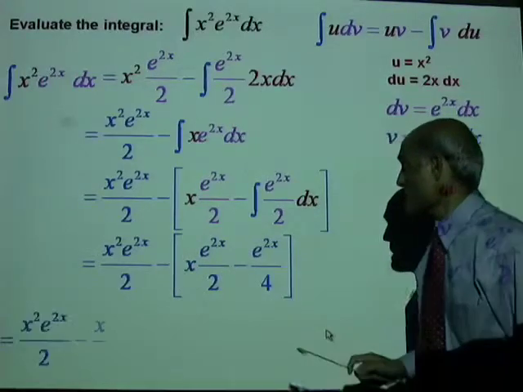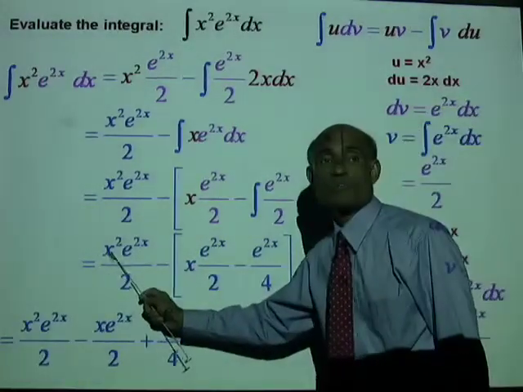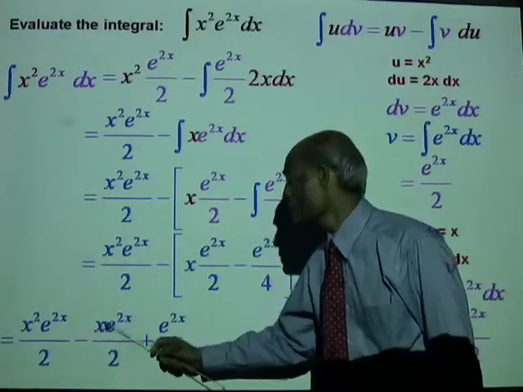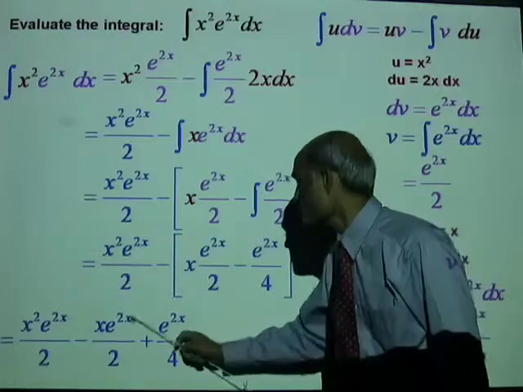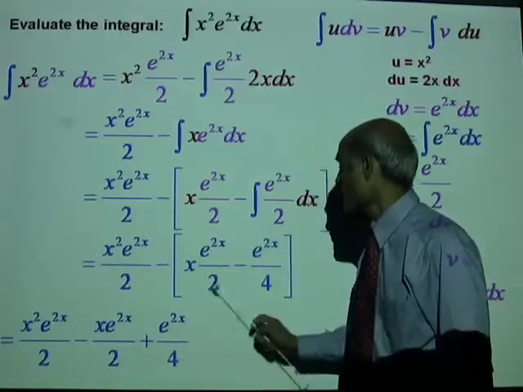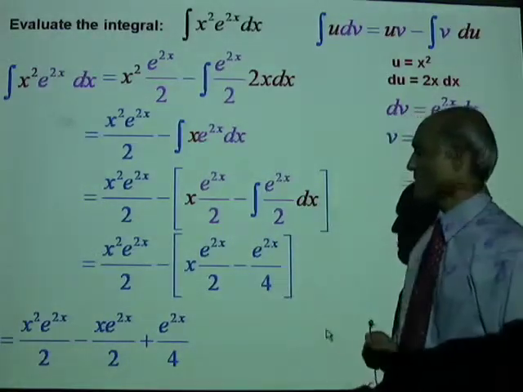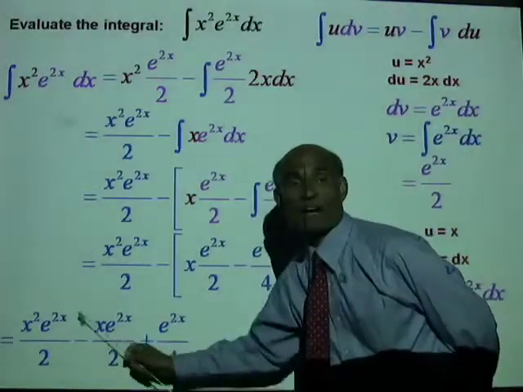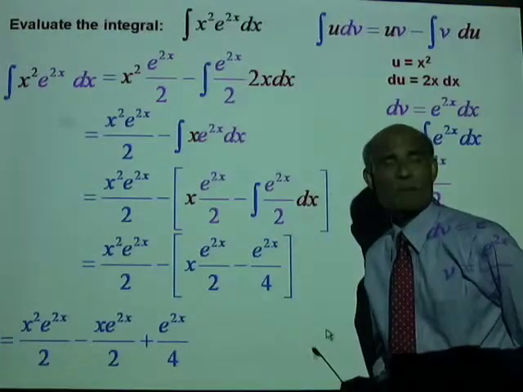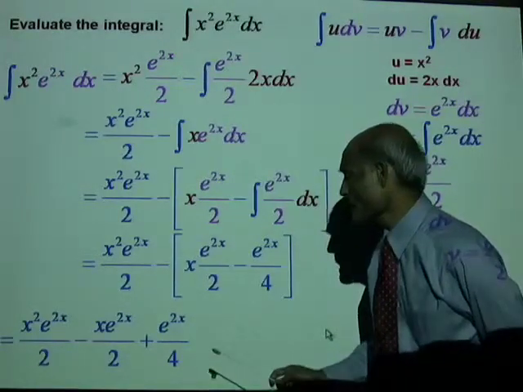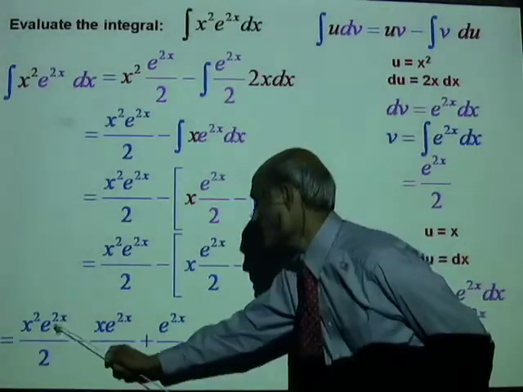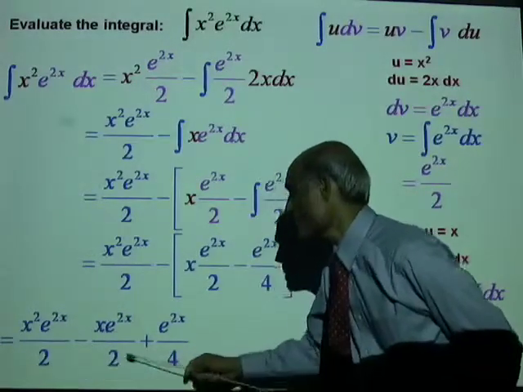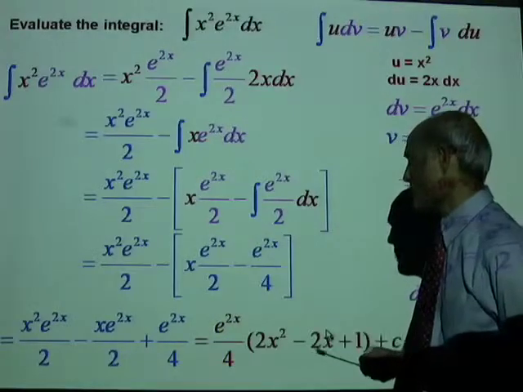What will be the next step? You can distribute that negative sign. So that will be x squared e to the power of 2x divided by 2, minus x e to the power of 2x divided by 2, plus e to the power of 2x divided by 4. And simplifying this, you can take something as a common factor. What is common in here? You can see e to the power of 2x is everywhere, and a 2 in the denominator is also everywhere.